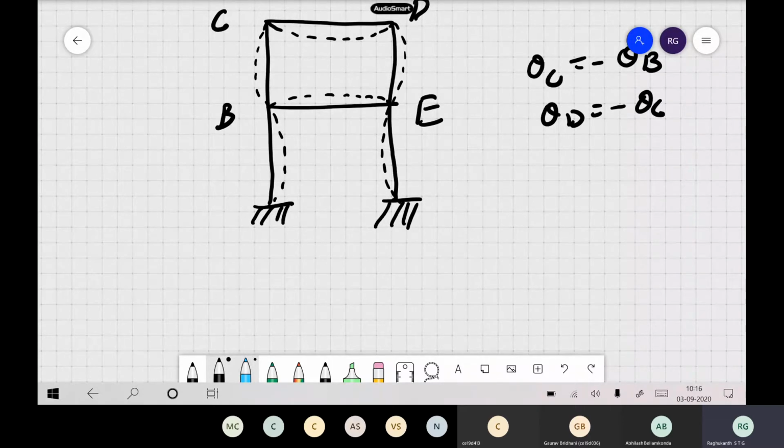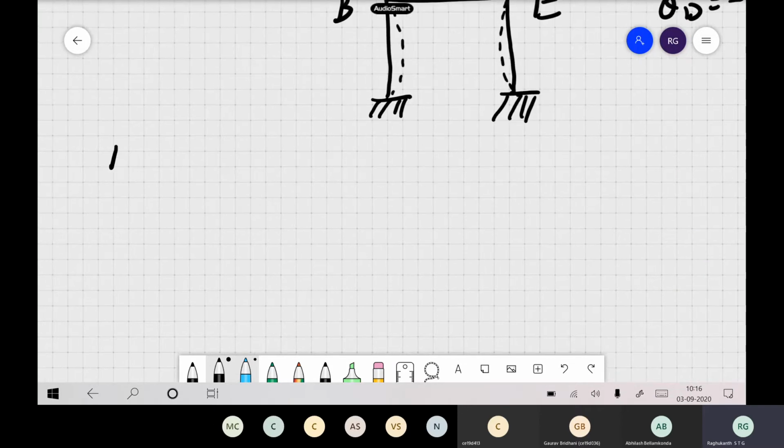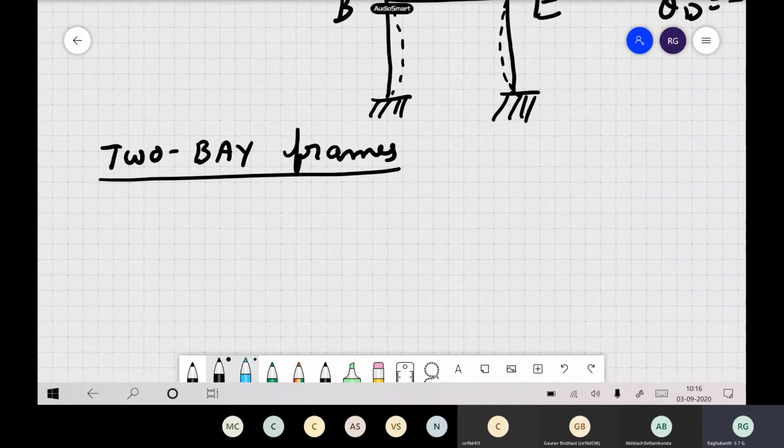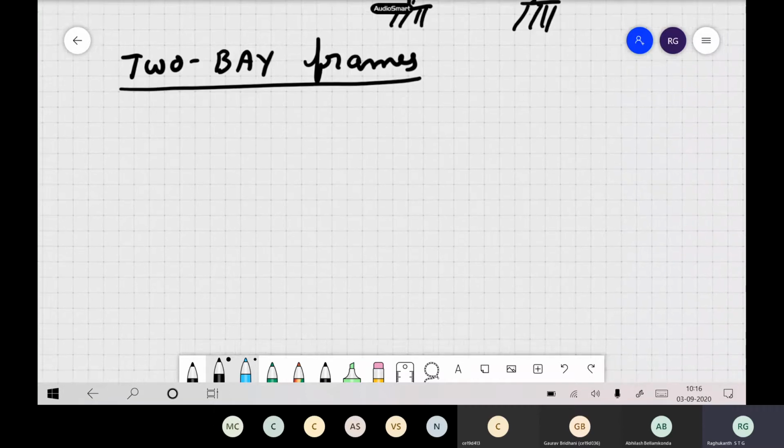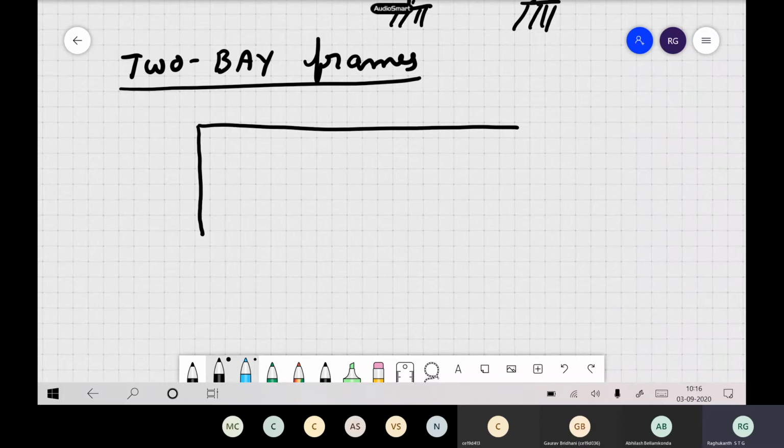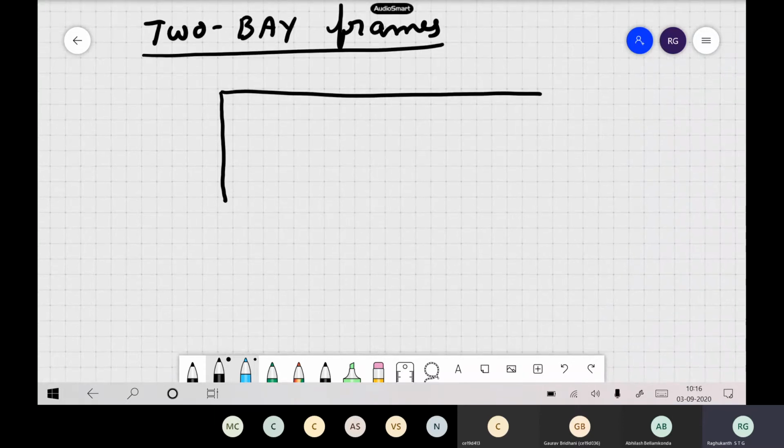Now let us see one more interesting problem, a two-bay frame. How do we calculate the buckling load for this one also? Let us say you have a frame like this. Previously we have done simply supported and fixed problems.